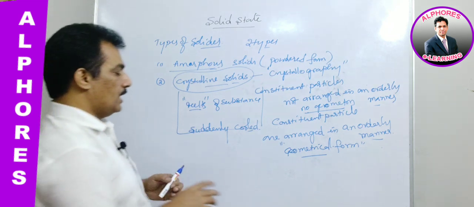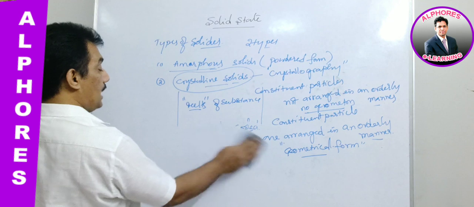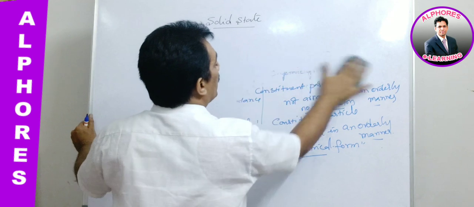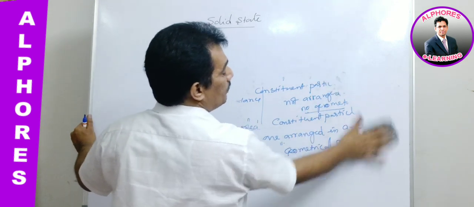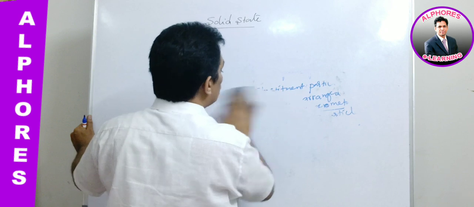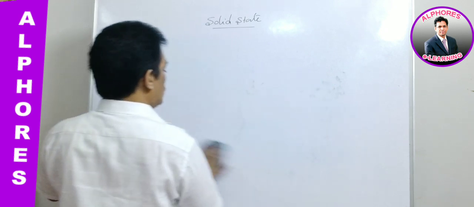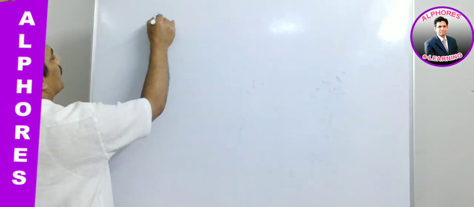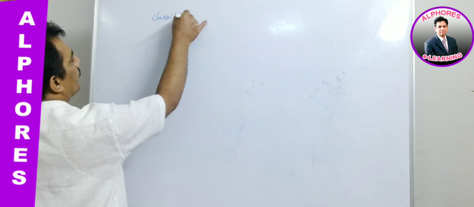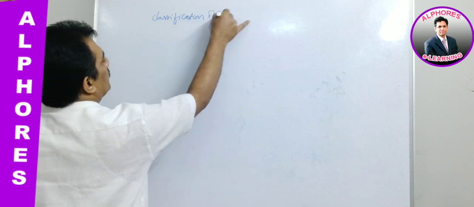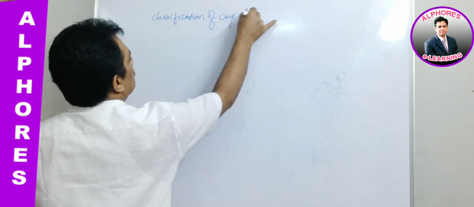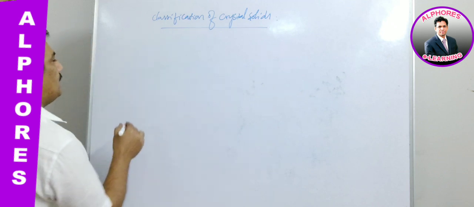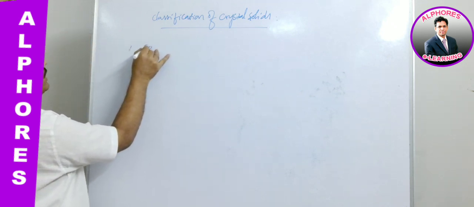Clear? And now these crystal solids again classified depending on the bonding nature among the constituent particles in the crystal. Depending on that bonding nature, these crystal solids are classified into different kinds. That is classification of crystal solids. Just let us take each and every one. Here they are classified into one, ionic crystals.